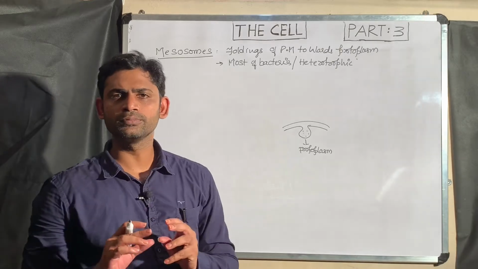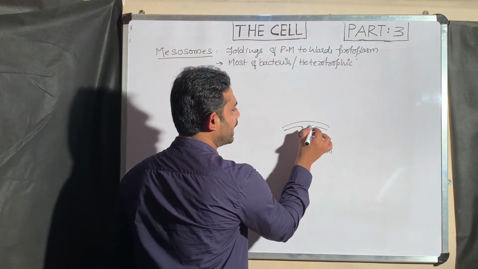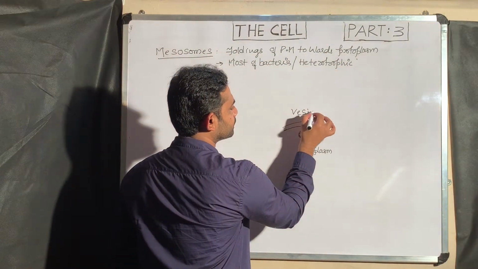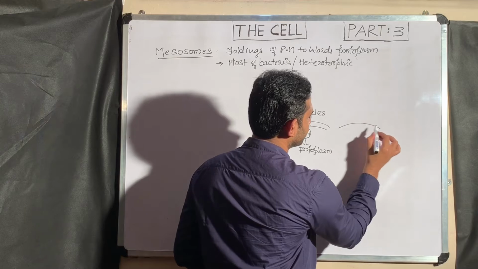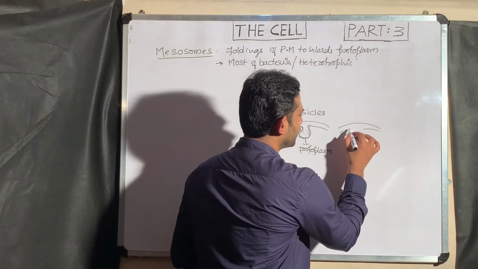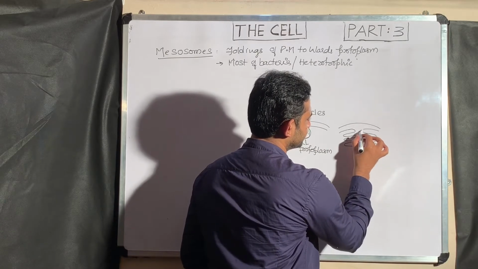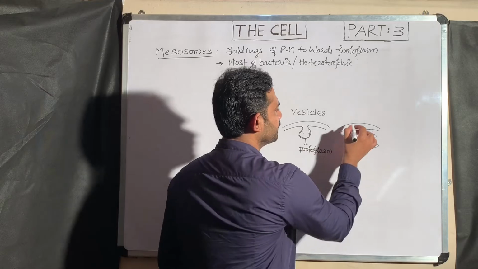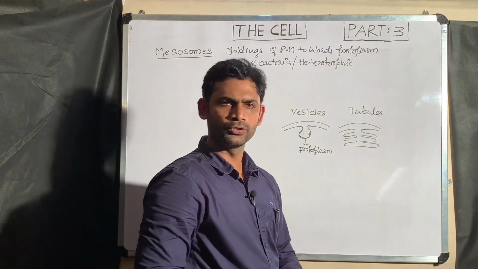These mesosomes are different foldings. For example, here I showed vesicles, different shapes. For example, this is the cell wall, this is a cell membrane extension. These are also mesosomes, in the form of tubules.